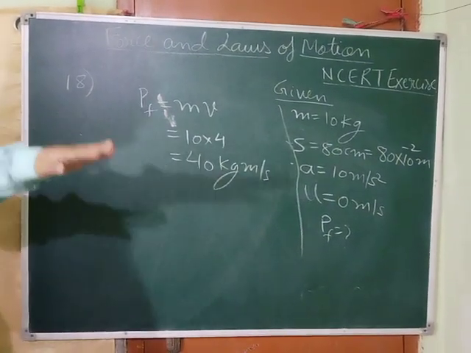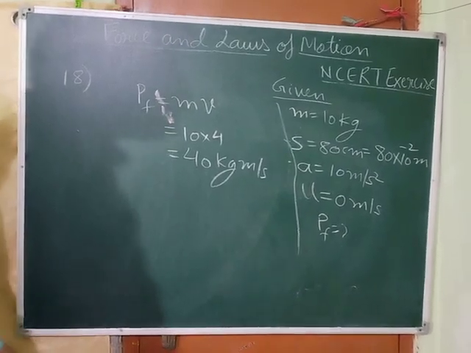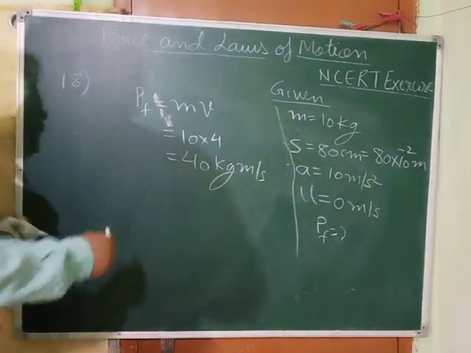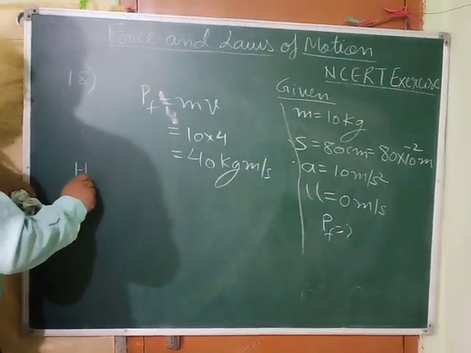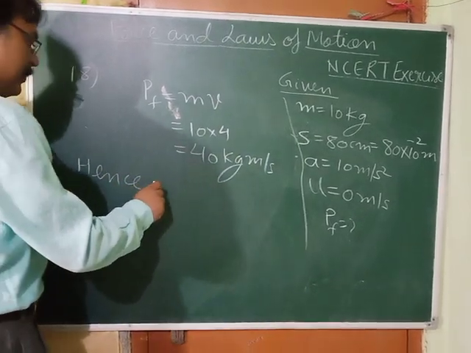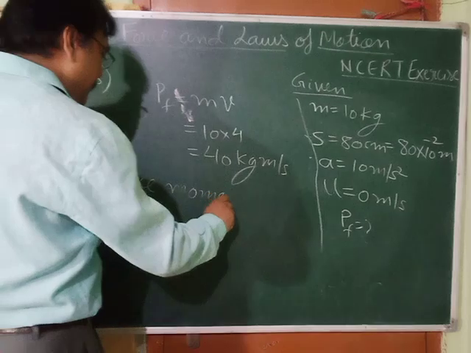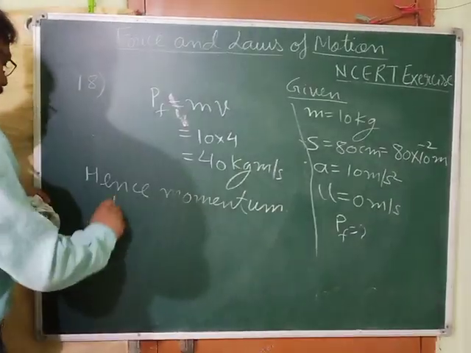As soon as the dumbbell falls on the floor, it comes to rest. That means its momentum becomes 0. Then where does that momentum go? That momentum is transferred to the floor. So what I will write?